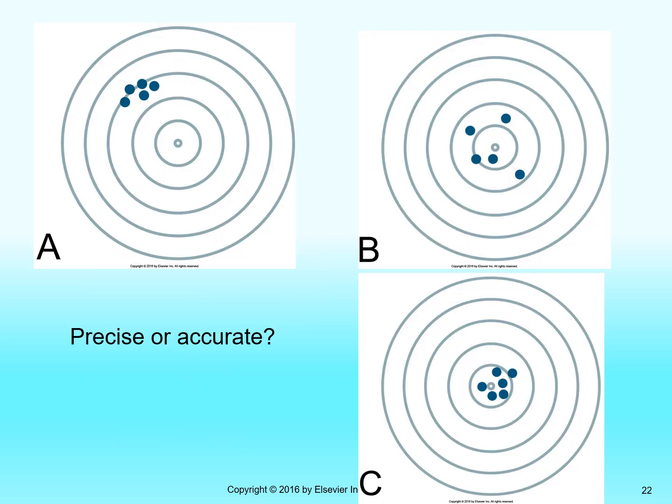Let me explain it to you in terms of archery. Okay. So if you have three individuals learning archery, student A, student B, and student C, they're all aiming for the bullseye. That's important. They're all aiming for it, because the bullseye represents the truth. Okay. Student A is precise. See how tight the arrow points are?